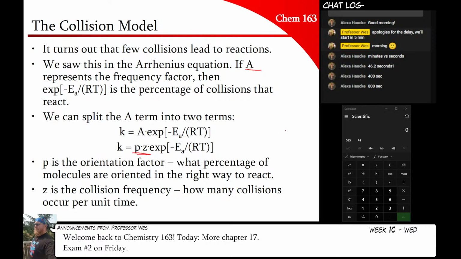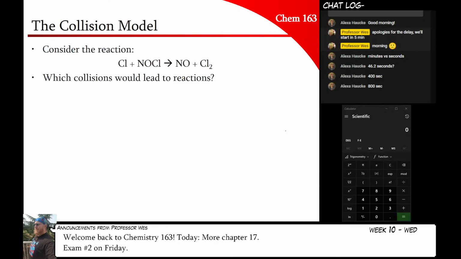Now, what is this orientation factor? I'm going to look at this reaction here, and I'm going to draw a picture of it. If Cl is the green marble on the board here, and NOCl is this thing right here, where N is blue, O is red, and Cl is green, would this collision lead to the formation of Cl2?